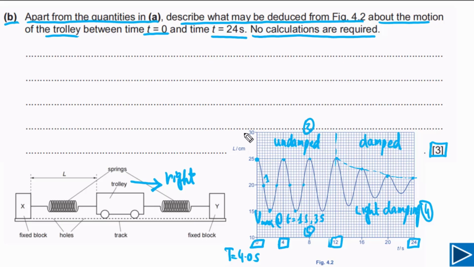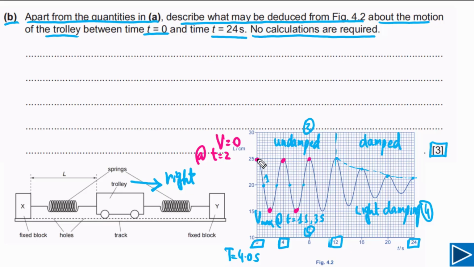From this graph, we can also find out when the trolley speed is equal to 0. The speed of the trolley will be equal to 0 when its displacement is maximum, so at these points the trolley will be stationary. Simply, we can say the trolley will be stationary when t is equal to 2 seconds, I'm talking about this point.